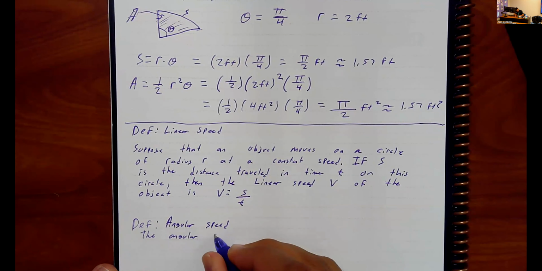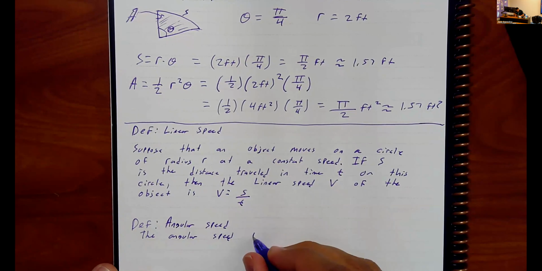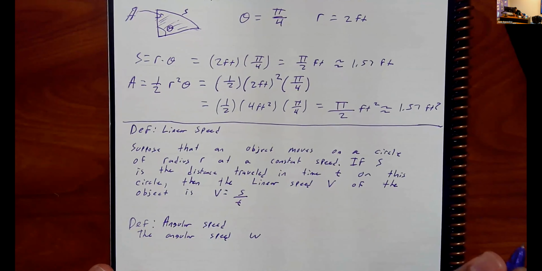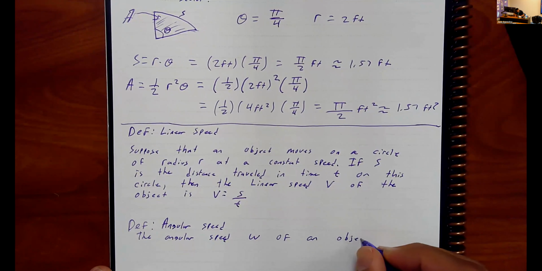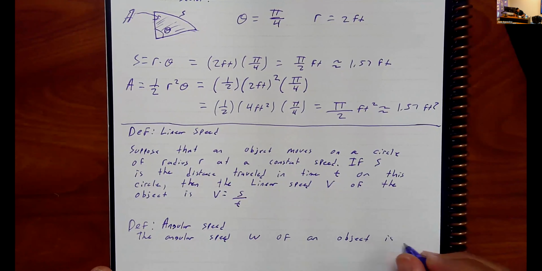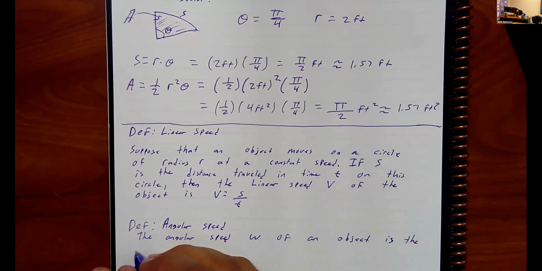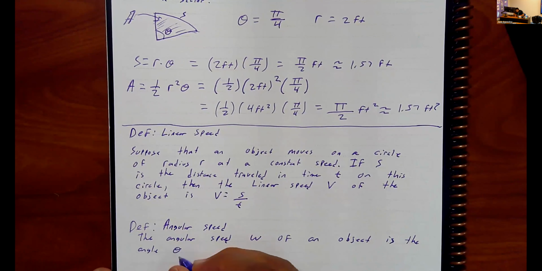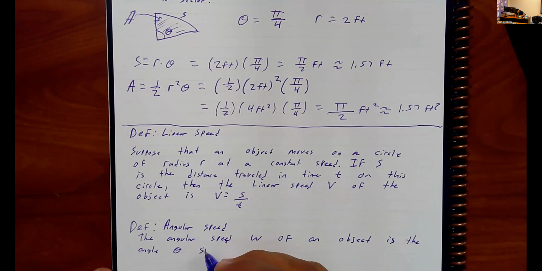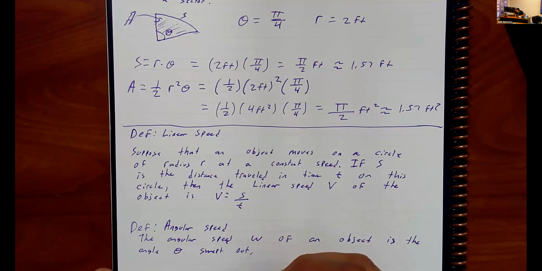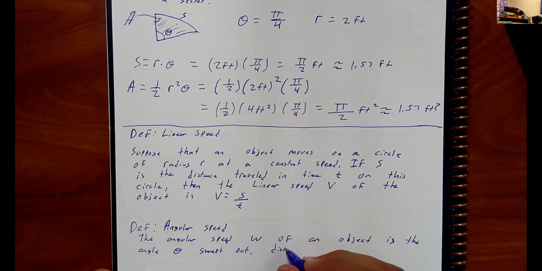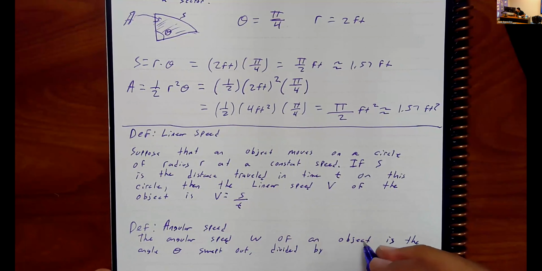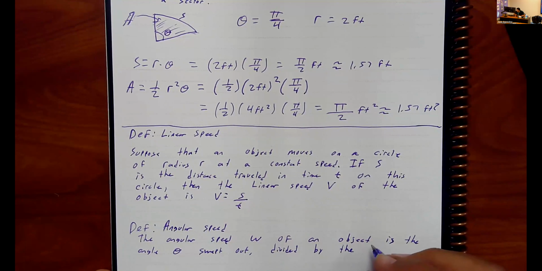The angular speed, omega, of an object is the angle theta swept out divided by the elapsed time.